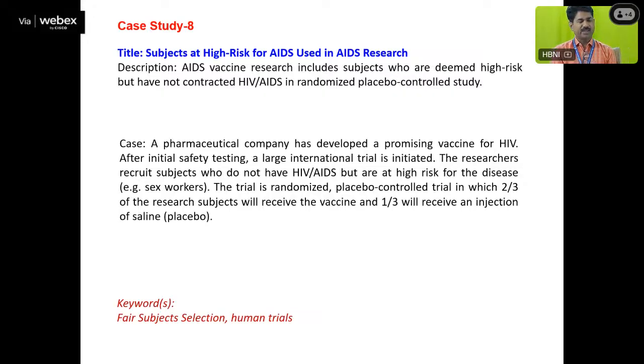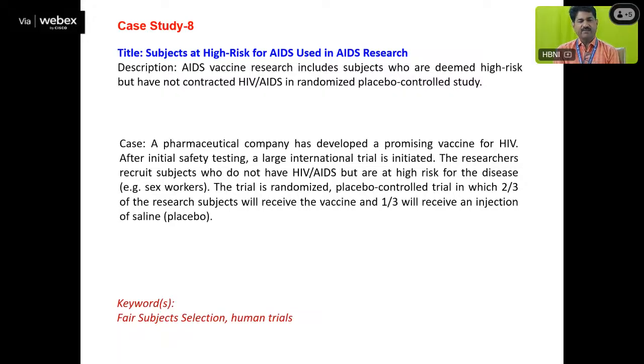So what happened during the particular research? A pharmaceutical company has developed a promising vaccine for a particular disease. So they were working for HIV/AIDS. So they have chosen the subjects who are at high risk for HIV/AIDS, like various sex workers, they have selected for the studies.